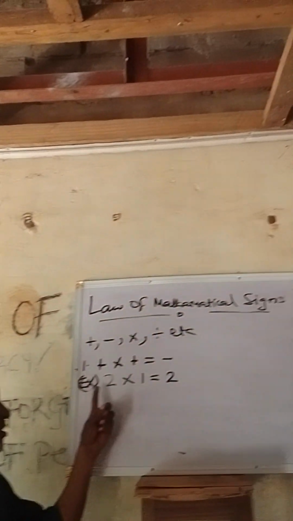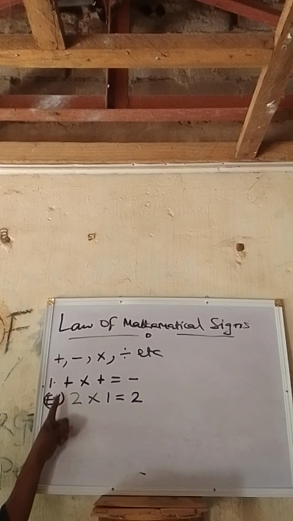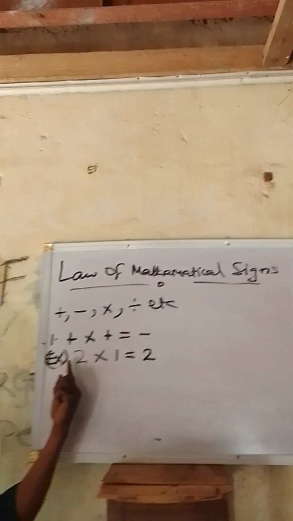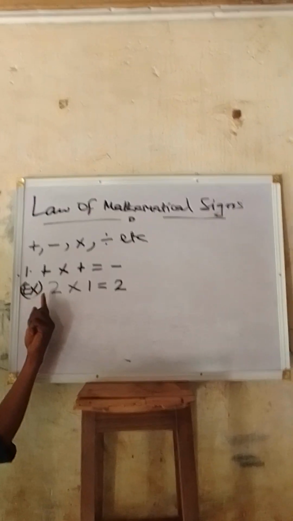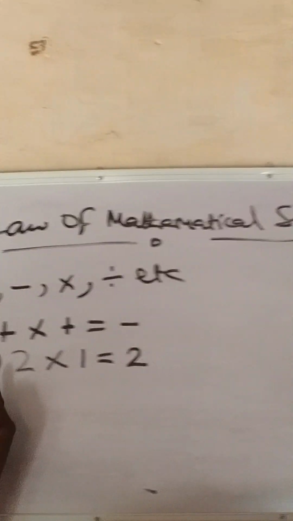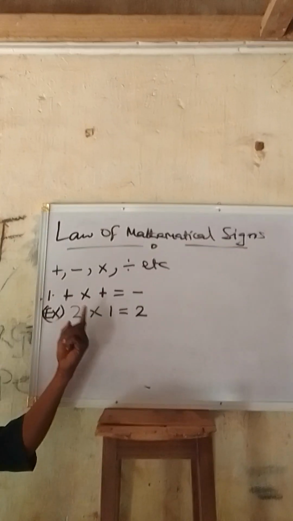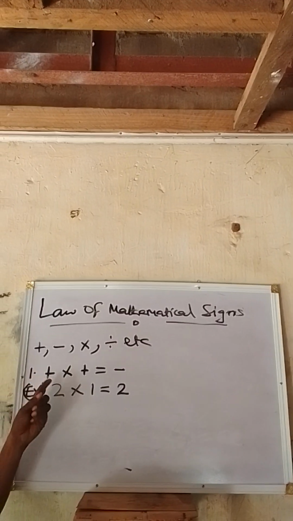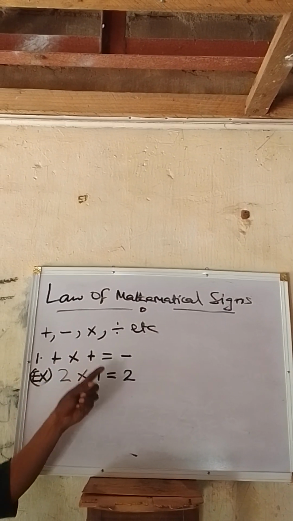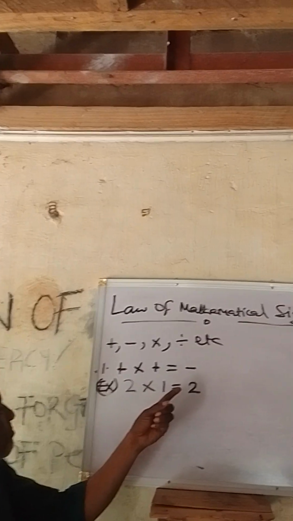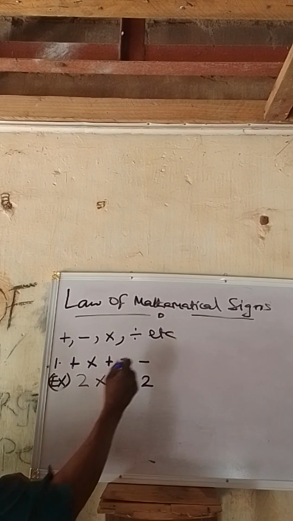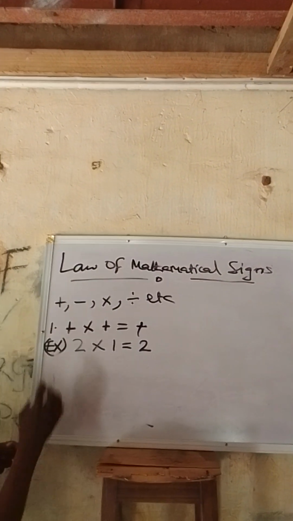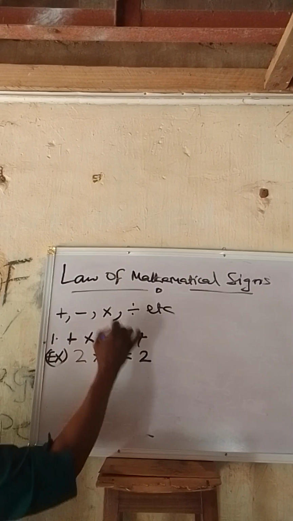Like in this case, you can see there's no sign preceding 2. But in mathematics, if there's no sign before a number like this, automatically that number is carrying a positive sign. Likewise this. So by law 1 that states plus times plus is plus.